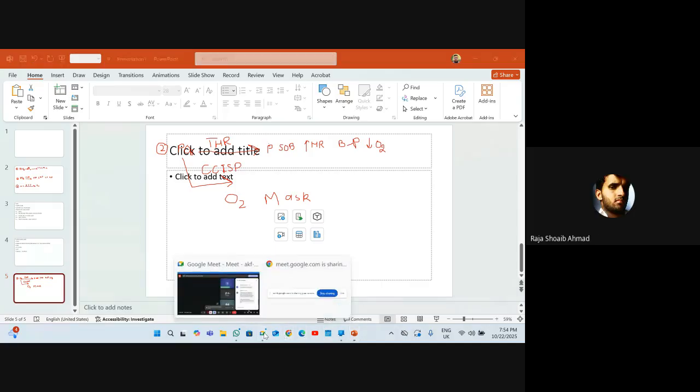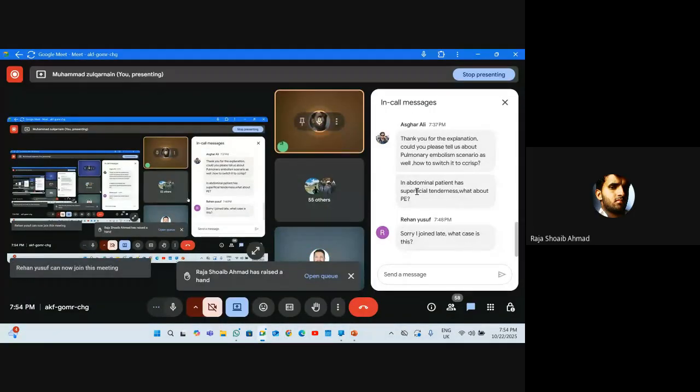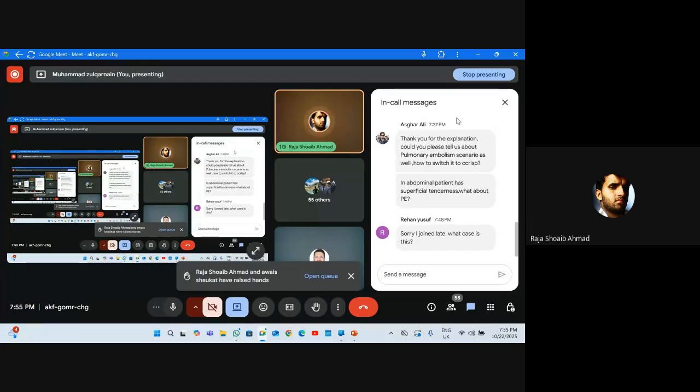Sir, as you said in the previous abdominal surgery station, we have to do GPE examination first and then shift to the CCRISP. So in a pulmonary embolism case, do we need to do GPE and then shift to the CCRISP, or suddenly start from the CCRISP and in the end do GPE?